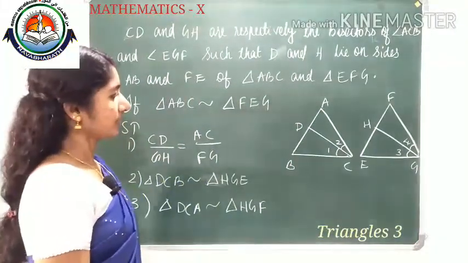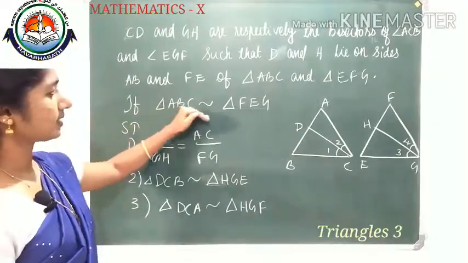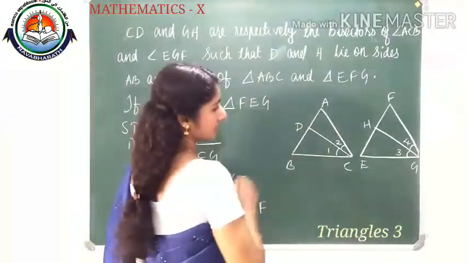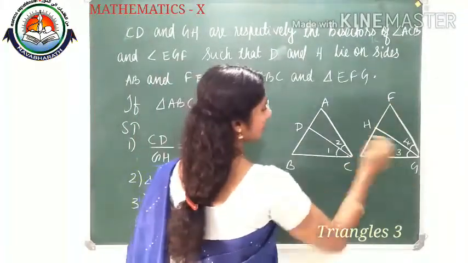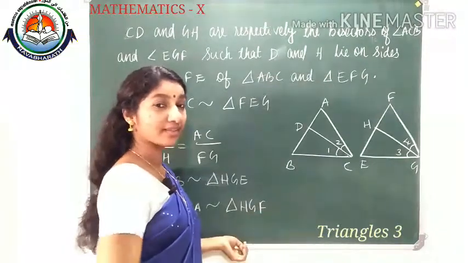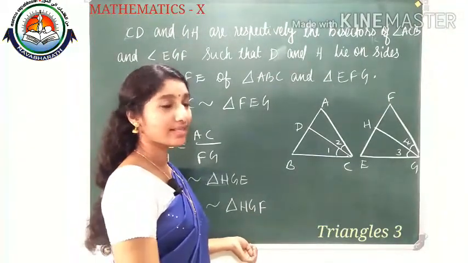Okay. Now come to the question. It is given triangle ABC similar to triangle FEG. So what information are we getting? Since they are similar, their corresponding angles are the same.